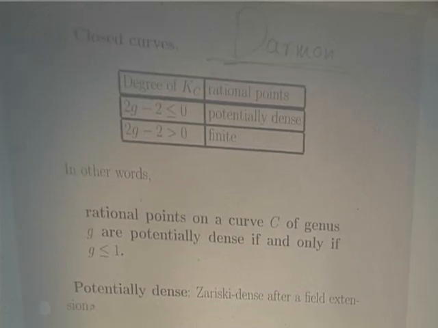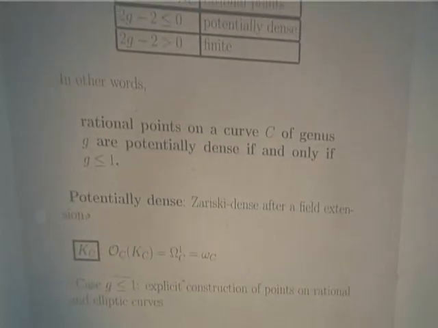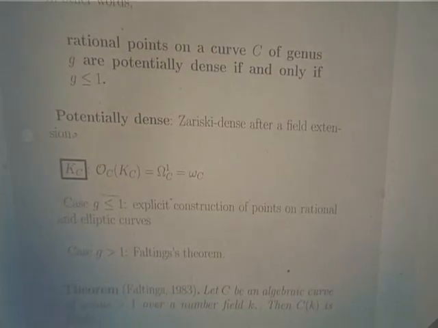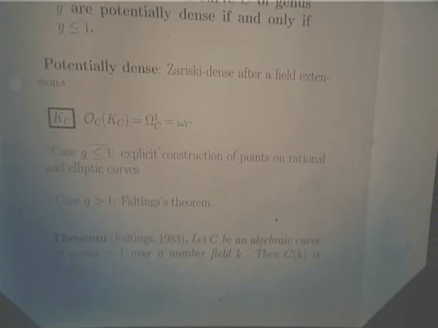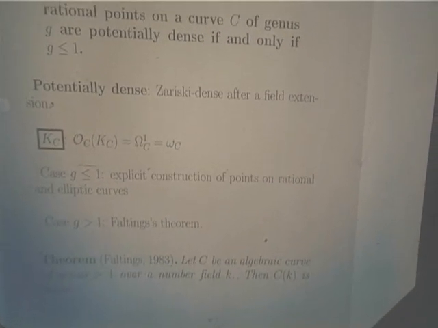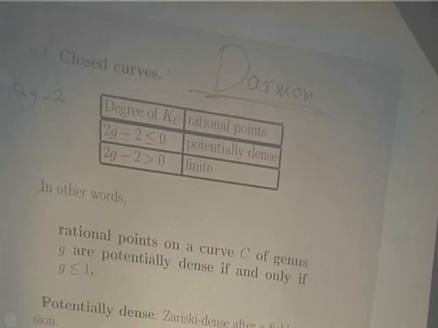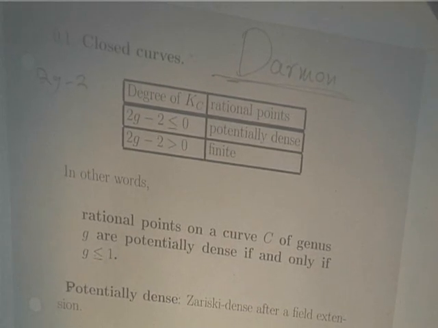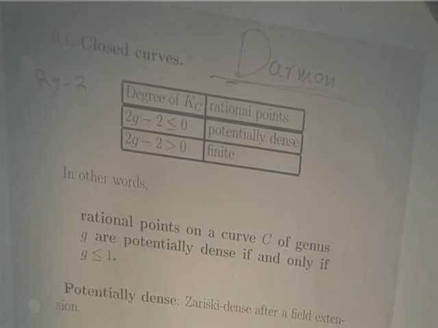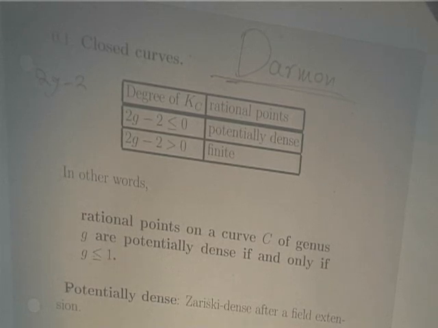Okay, so to summarize, there's an invariant that tells us what we should expect the arithmetic of a curve to behave like. And the invariant is the genus, or the way I want to think about it from here on is 2g minus 2, which is the degree of the divisor of a canonical differential.